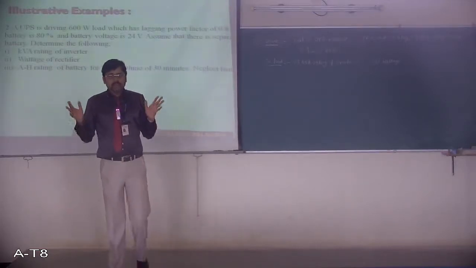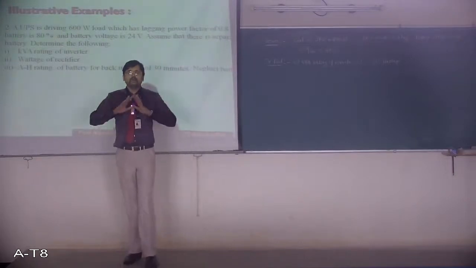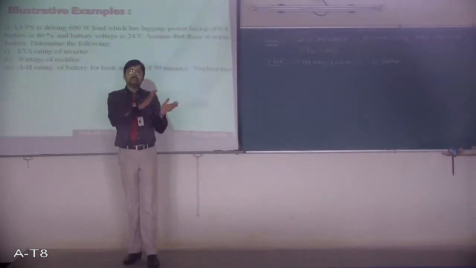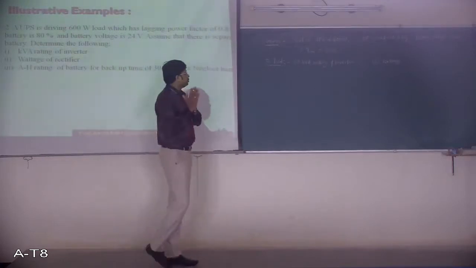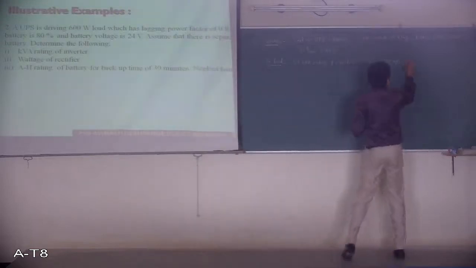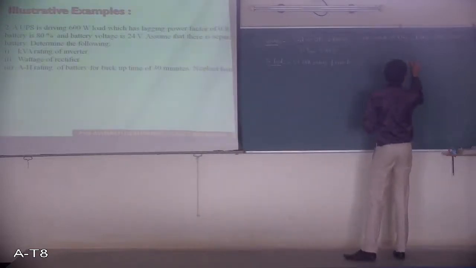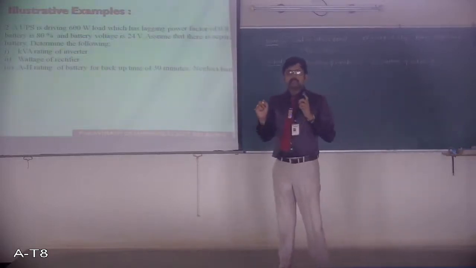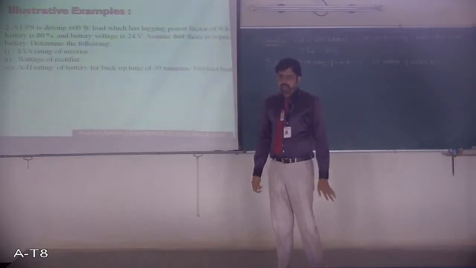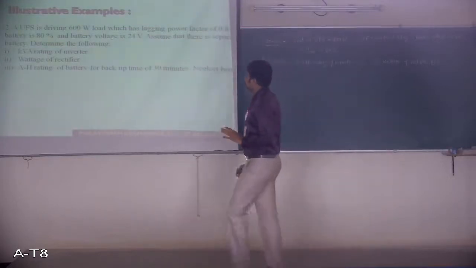So the rectifier's function is now not to charge the battery, rather only to convert AC to DC load power, and DC to AC will be converted by the inverter. So we have to find the wattage of the rectifier in such a way that it is feeding only the load and inverter losses, and not feeding the battery. This is what we need to be very clear about.